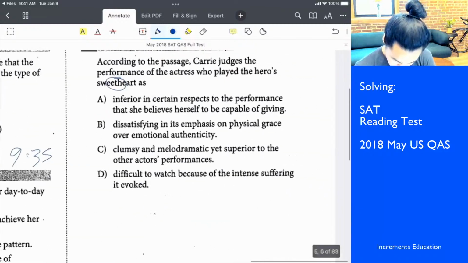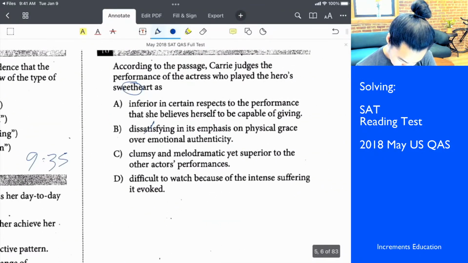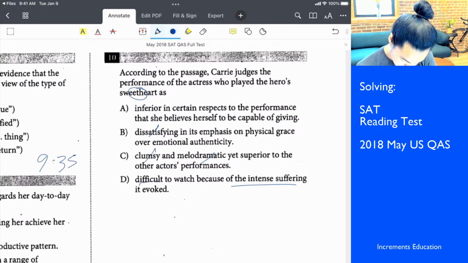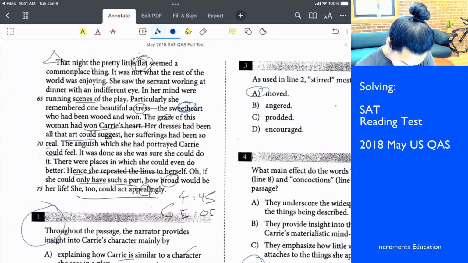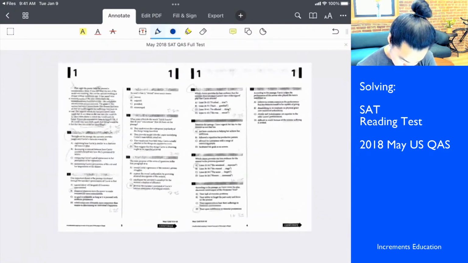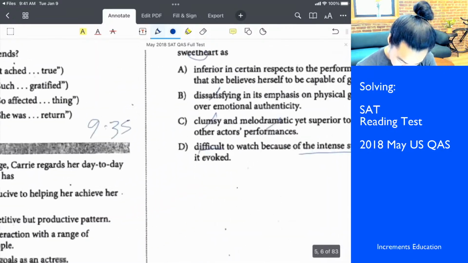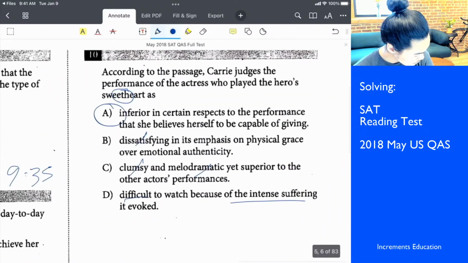Okay. This could be true. No. Maybe difficult to watch, or does she think it's inferior? Let's go. Better. Okay. I didn't see that. I'm at 11:50.